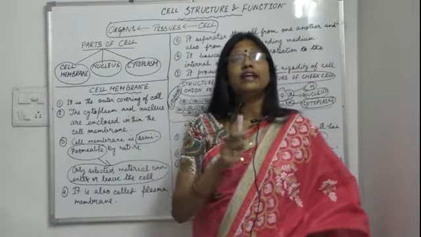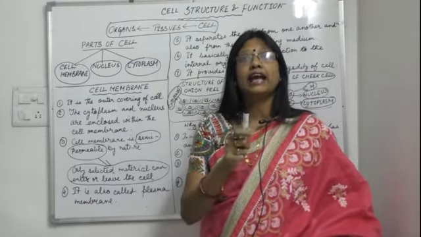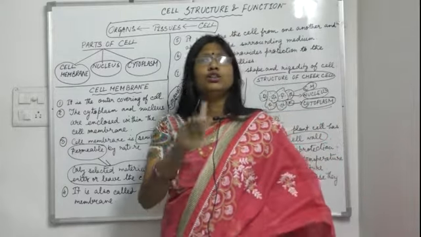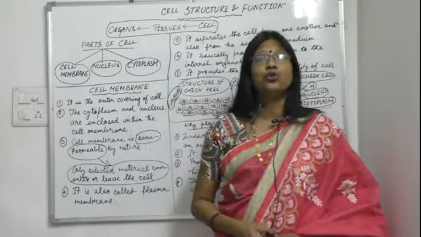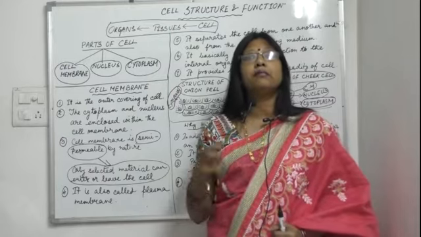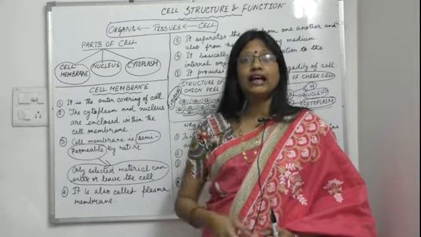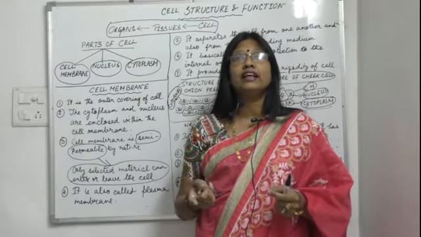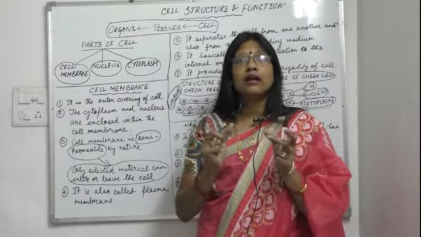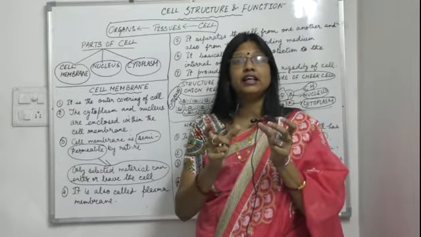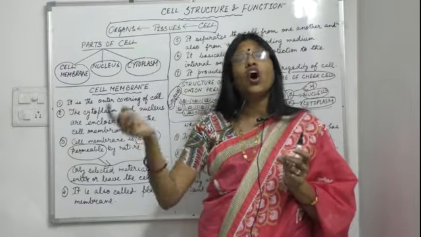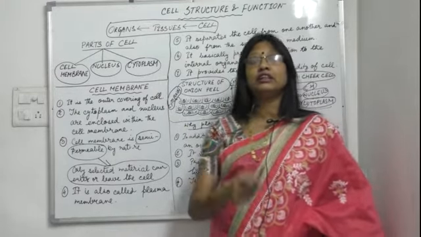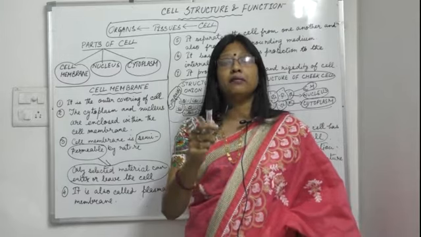Why? Because only some selected materials can enter or leave the cell. So if anyone asks you what semi-permeable means, you can answer that it only allows some selected material to enter or leave. Understand? So today you have learned a new term, semi-permeable.